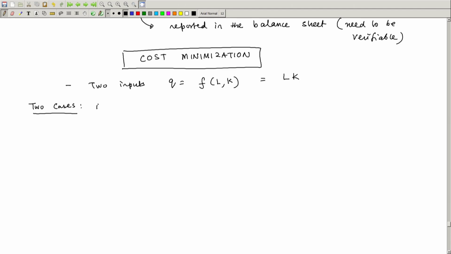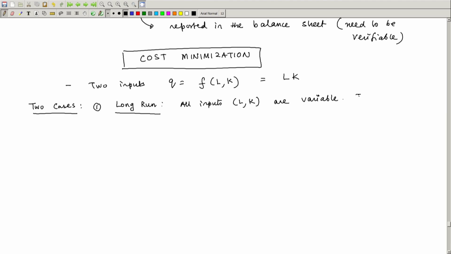One is what is known as the long run cost minimization problem, right. What I mean by long run is that all the inputs, in particular labor and capital, since we are only looking at the two input case, are variable. If you prefer, I can change not only the amount of labor, I can also change the amount of capital.